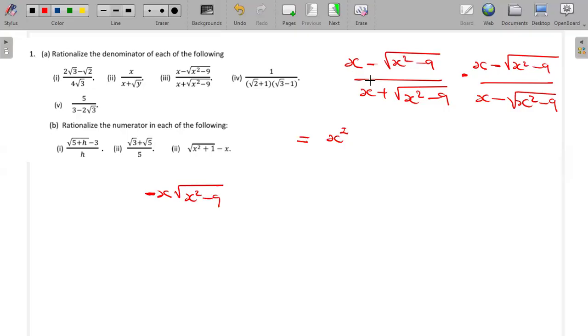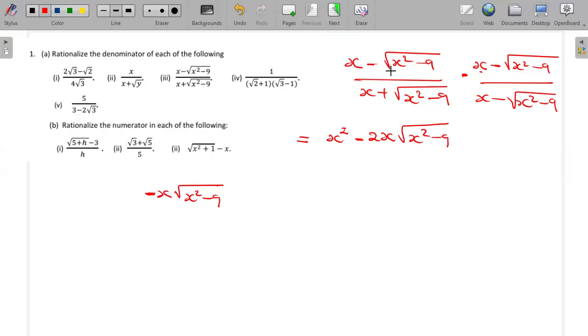But then again, when we start multiplying here, you have a negative. So you multiply again this negative root x squared minus 9 times this x here, which gives you the same thing. So you add the 2, and then it will just be minus 2x square root of x squared minus 9. I know you guys know how to expand.